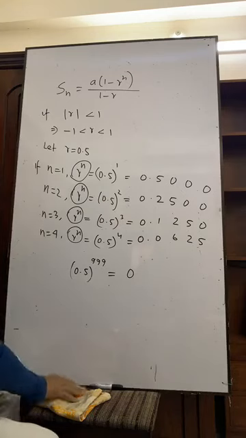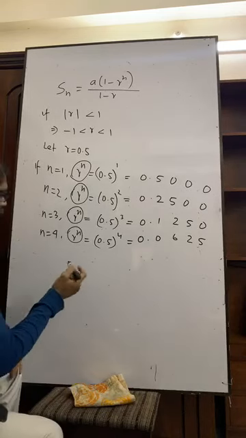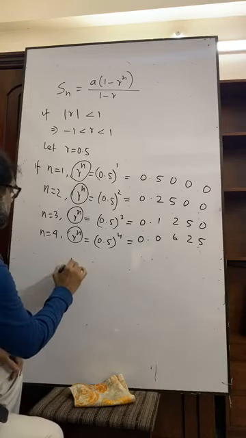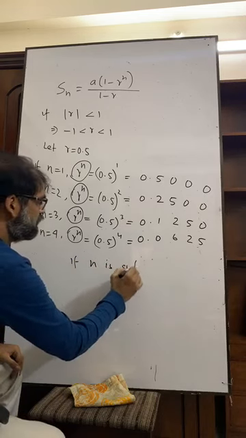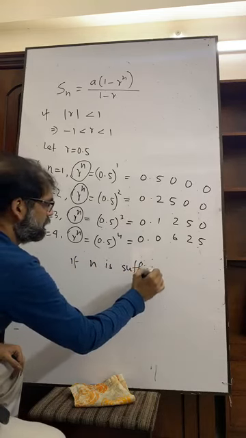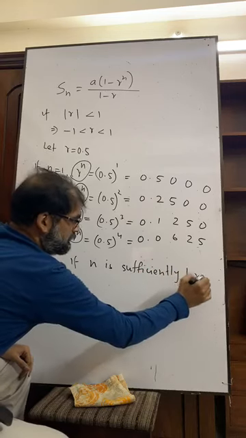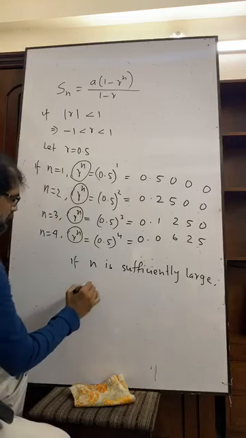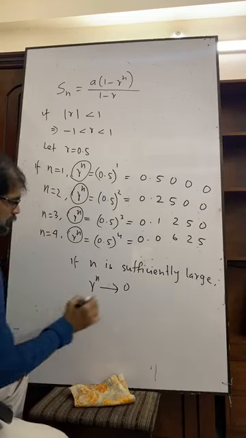So we can say if n is sufficiently large, then r to the power n tends to be 0.